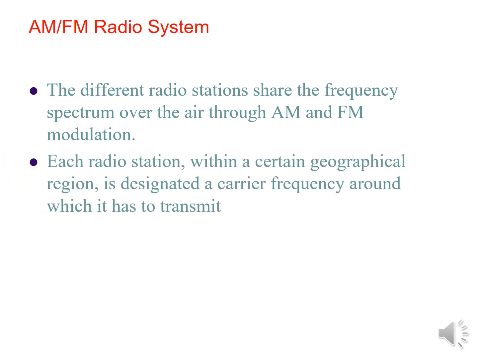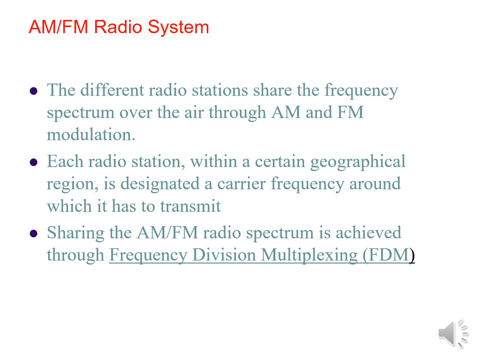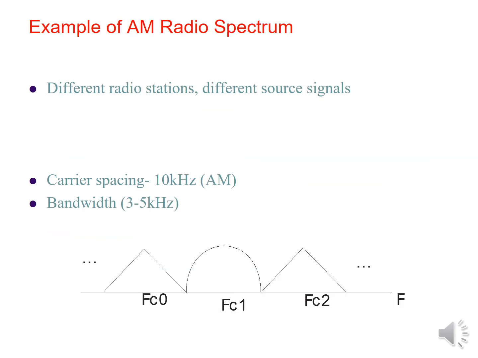Each radio station, for example in Penang, has a different frequency, and in the south a different frequency, so it is actually a designated carrier frequency where it has to transmit. As we saw just now, the sharing of the AM and FM radio spectrum is by FDM, frequency division multiplexing. For example, we can listen to IKIM, Sinar, and Zayan at different frequencies and different bandwidths.